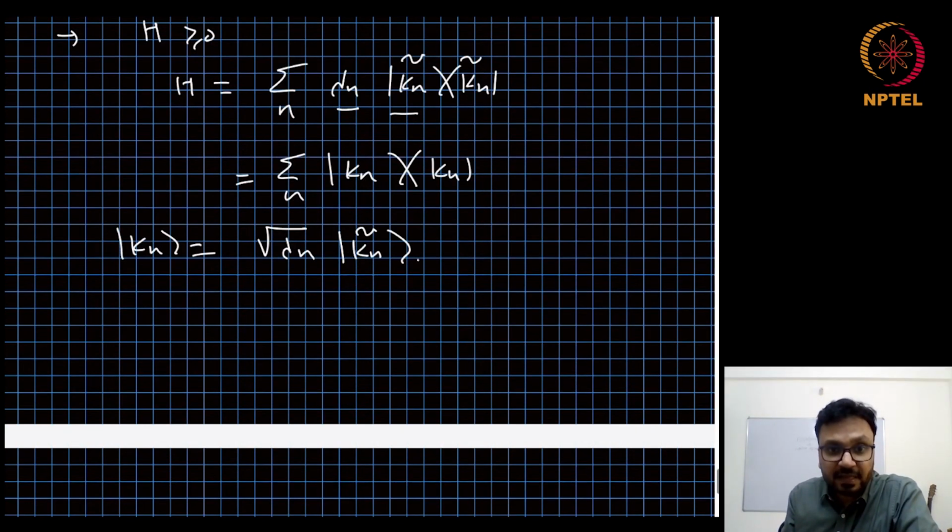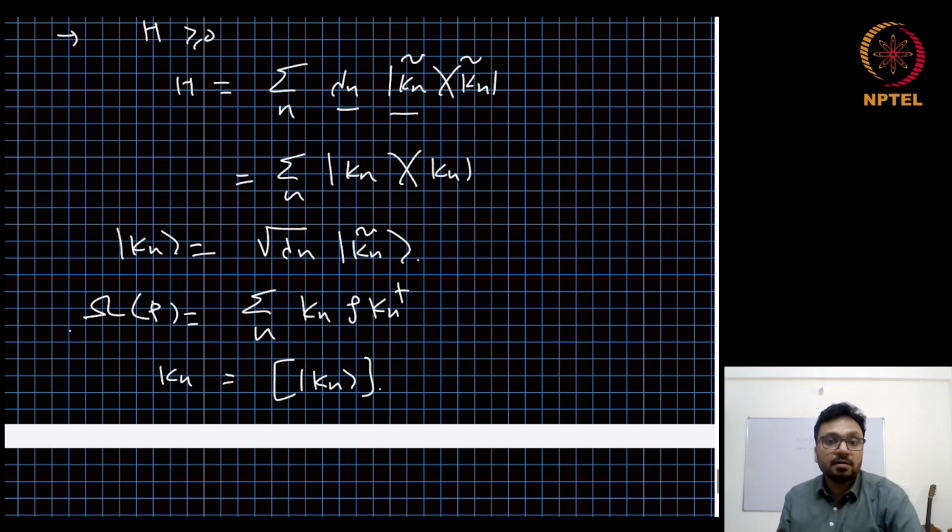From here, we can show that omega of rho is sum over n Kn rho Kn dagger, where Kn are the folded version of the kns.